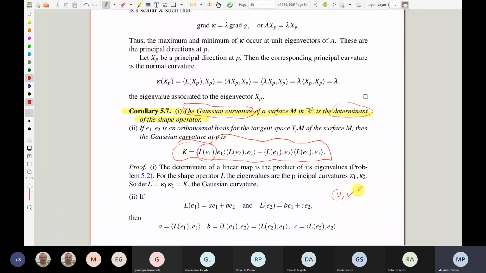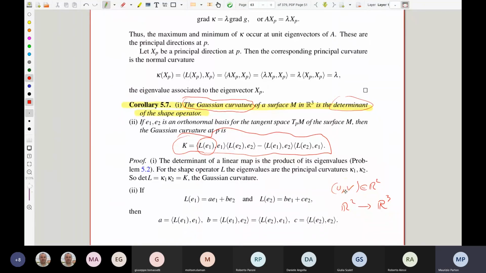These are points in R², which means that your surface is just a map from R² into R³. This is the parametrization, okay? And then in R³, you have the derivative with respect to U and the derivative with respect to V. And these are E1 and E2. And these are the terms giving you the coefficients of the fundamental forms and so on.